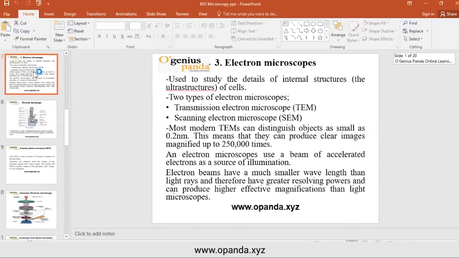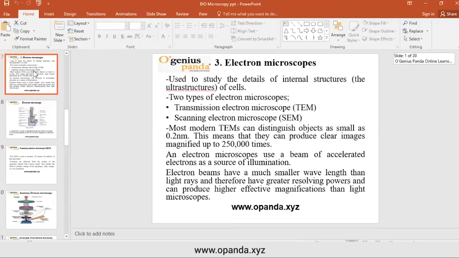Remember that a nanometer is equal to 10 power minus 9 meters. This can produce clear images magnified up to 250,000 times.